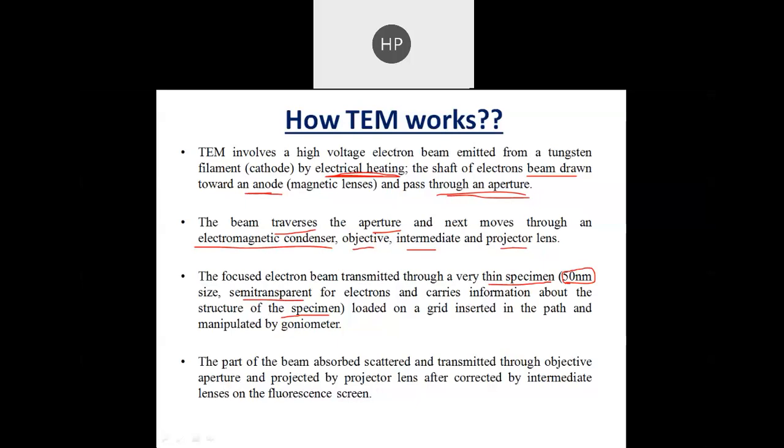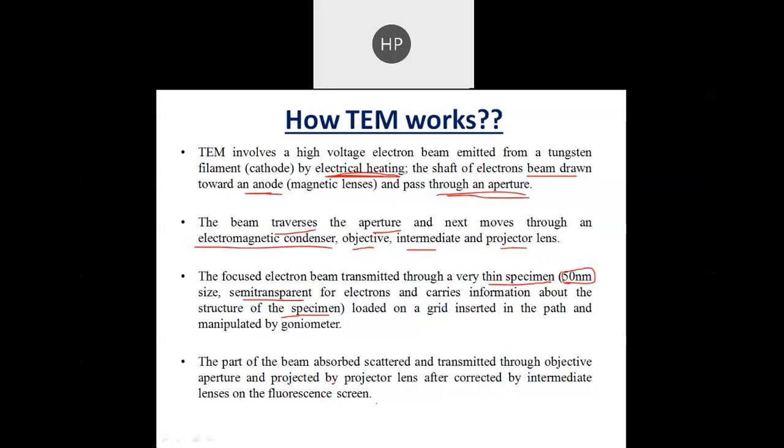Then part of the beam is absorbed, scattered and transmitted through the objective apertures and projected by a projector lens after being corrected by the intermediate lens on a fluorescent screen.